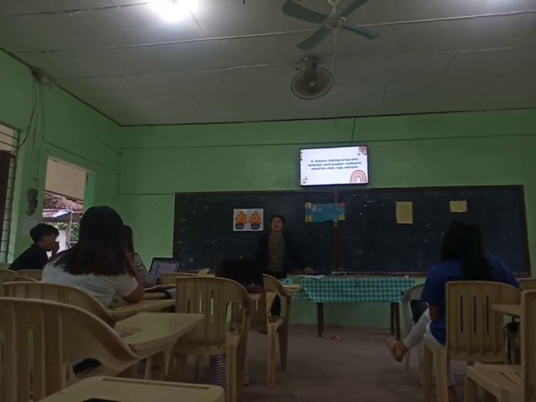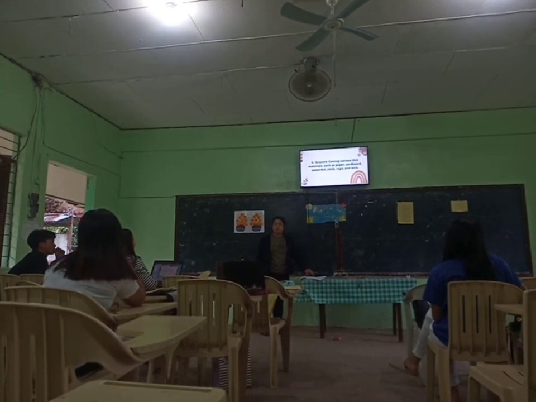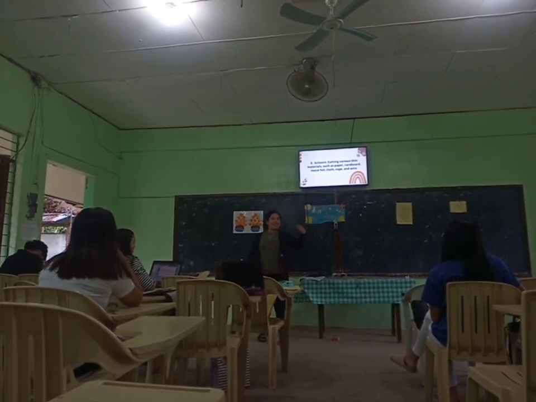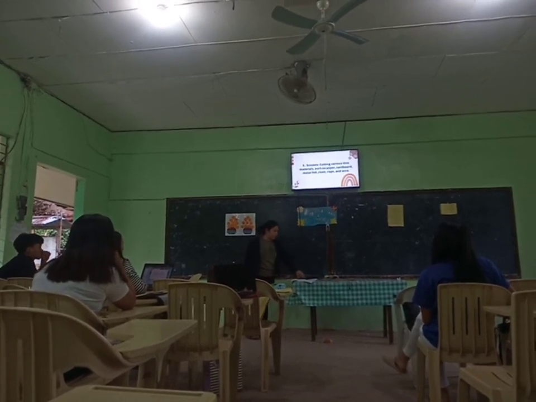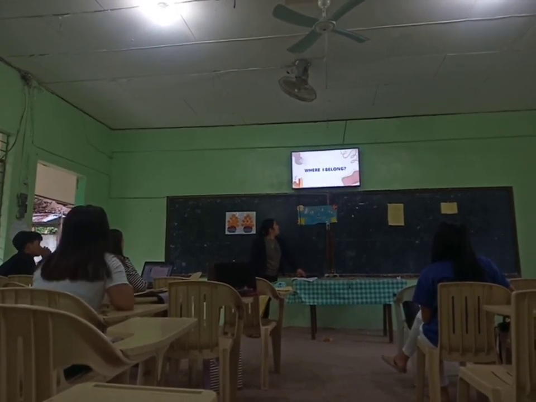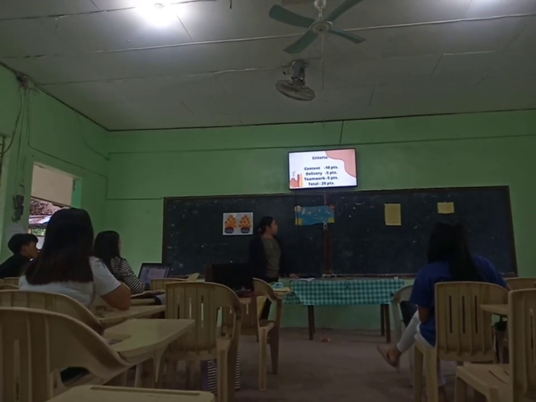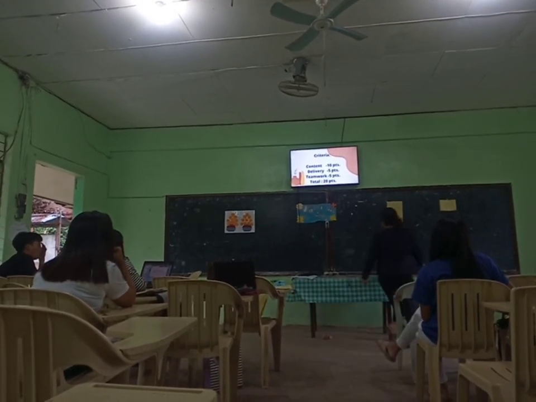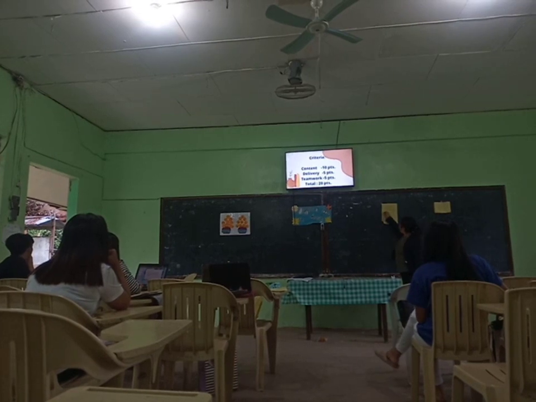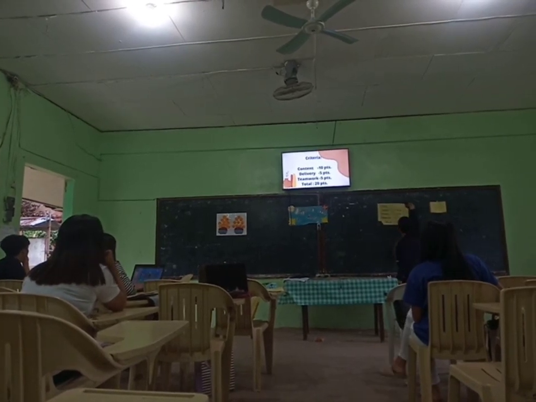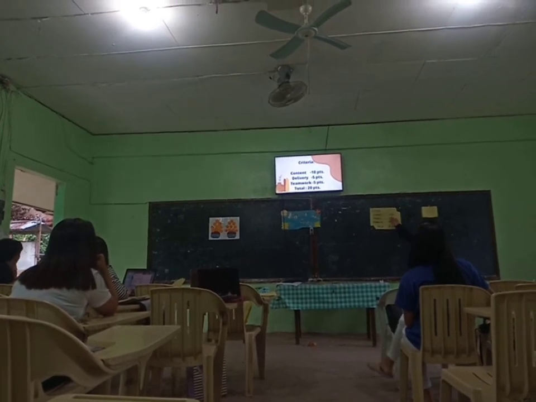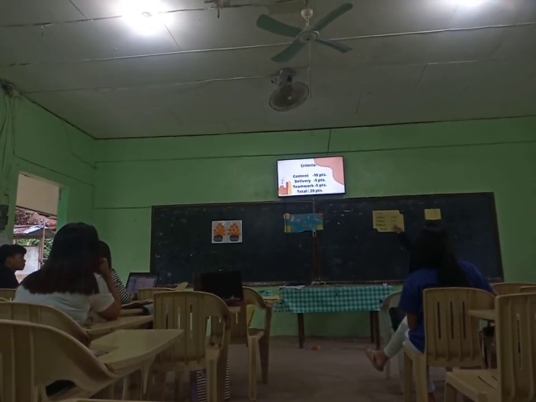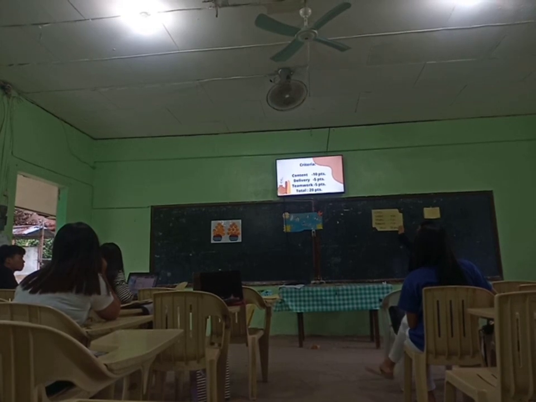Now, class, I will group you into two groups. This is group 1 and this is group 2. Each group will be given a task to do. But before that, I will first introduce the criteria in giving points. Content, 10 points. Delivery, 5 points.